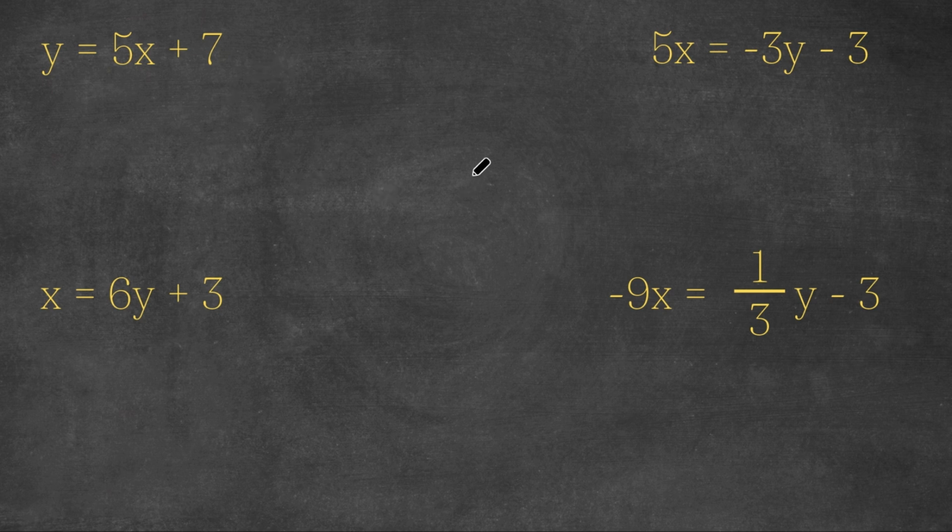So as you all know, when we have our basic equation in slope-intercept form, y is equal to mx plus b.